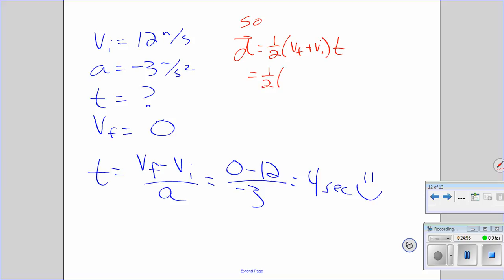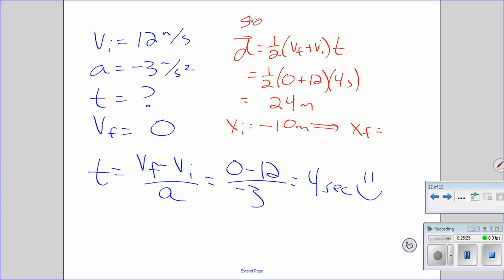So when it stops, my final velocity is 0. My starting velocity was 12. The time it takes to get there is 4 seconds. So half of 12 is 6, times 4 is 24 meters. And since my initial position was -10, that means my final position is going to be what, you guys?